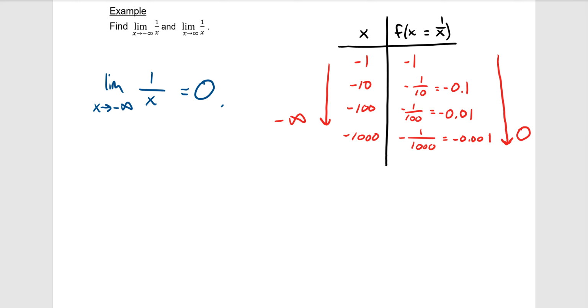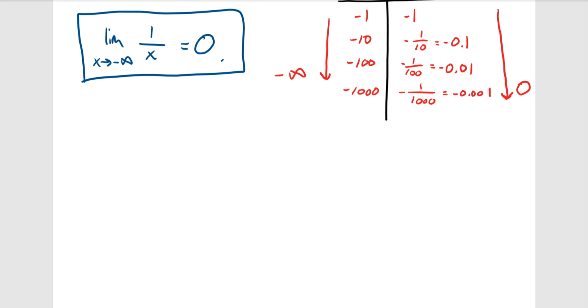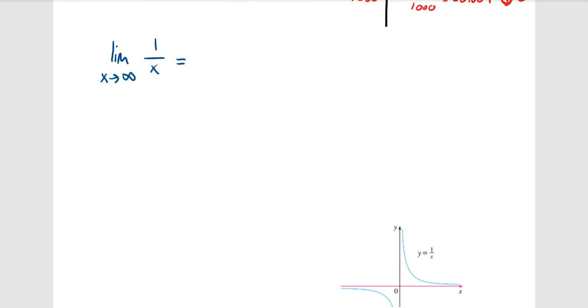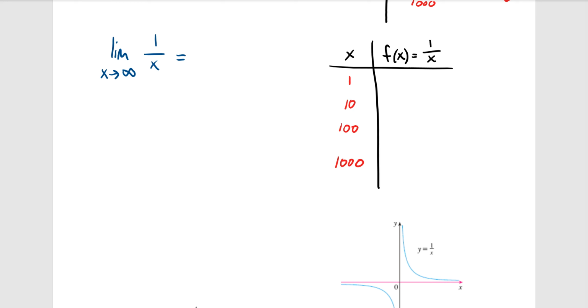Okay, let's go ahead and do the other one now. We'll take a look at the limit as x goes to positive infinity of 1 over x. And let's make a little table again. I'm choosing essentially the same values for x that I'm going to plug in, except they're going to be positive.